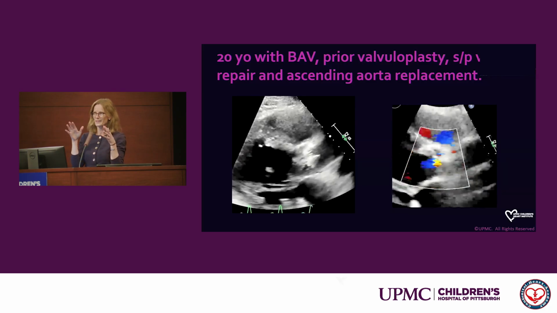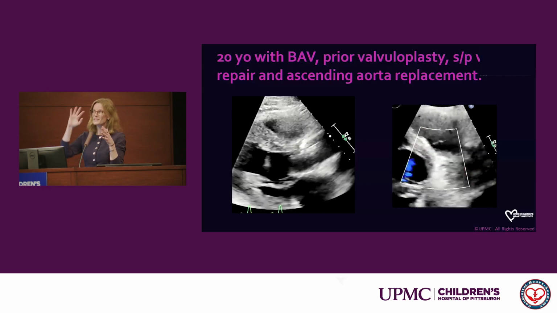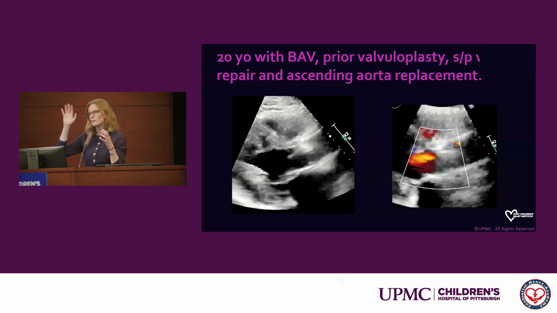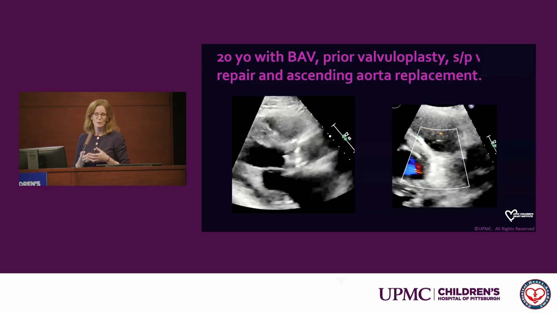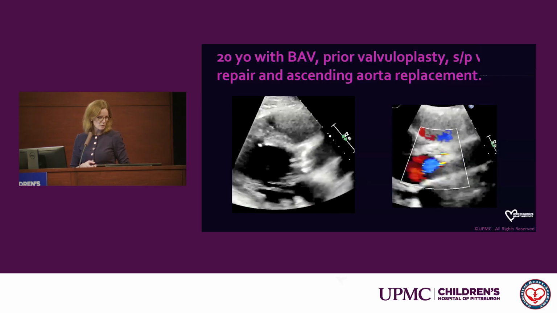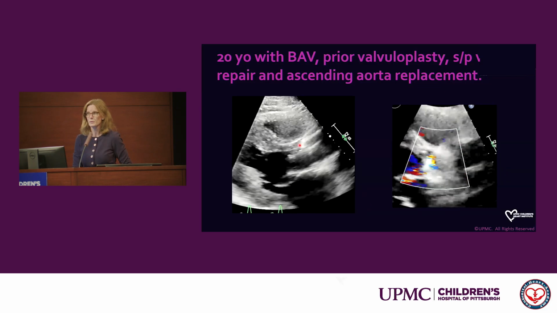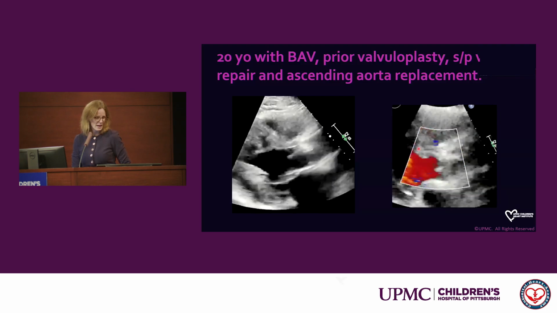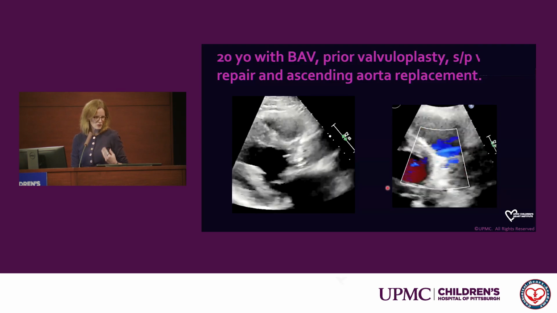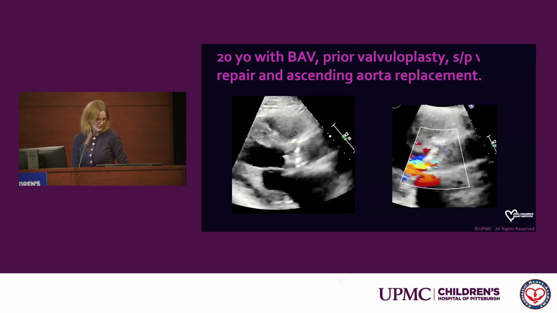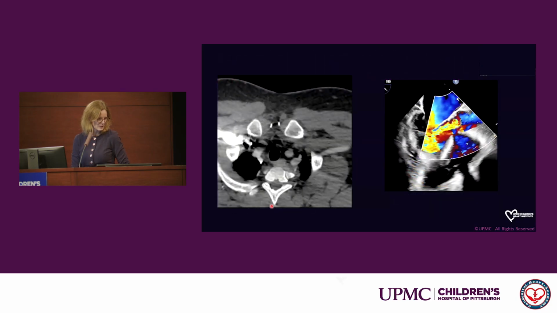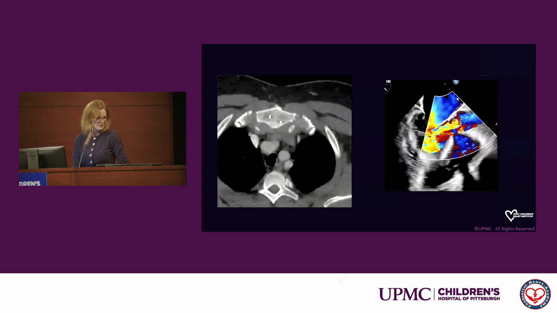So the root of this child had not been touched. The ascending aorta had been replaced, and then the valve had been repaired. And he shows up, you can see the thickened, clearly previously operated on leaflets here. And you don't get quite a sense, but you're starting to get a little bit of a sense of significant aortic insufficiency by the transthoracic echo, which ended up being actually moderate to severe insufficiency.